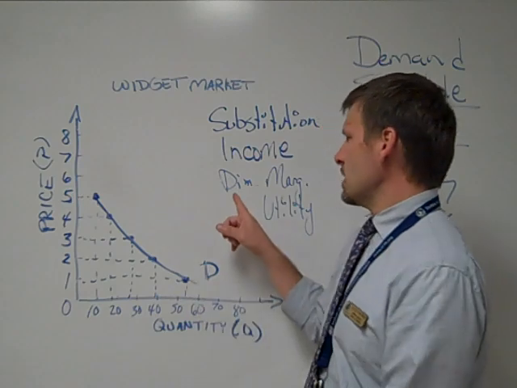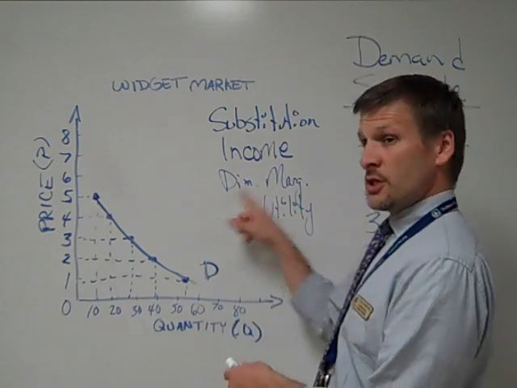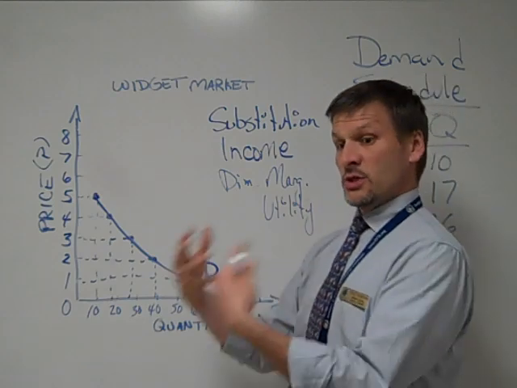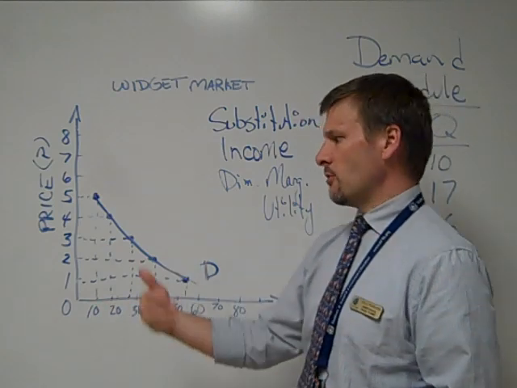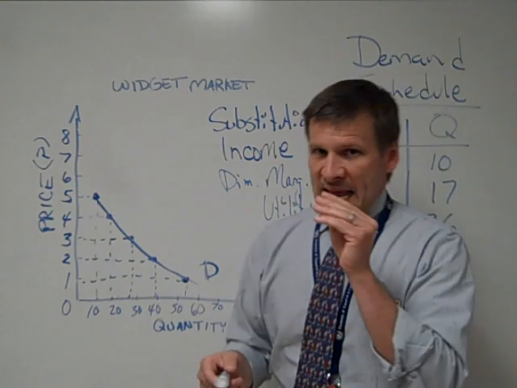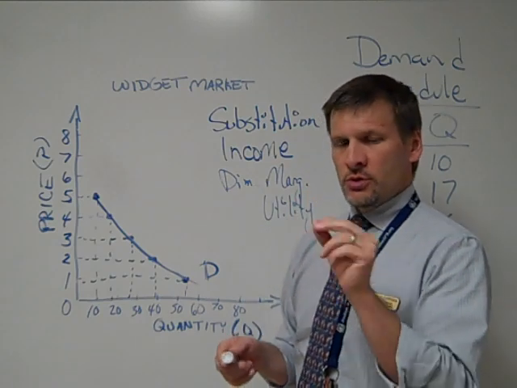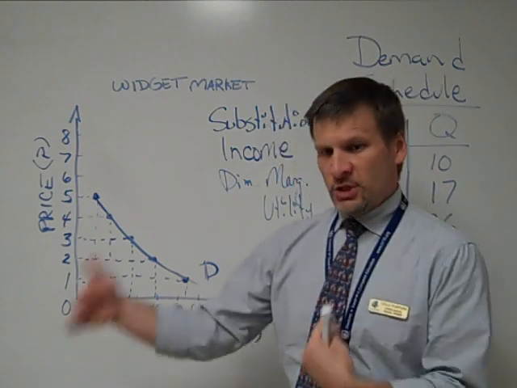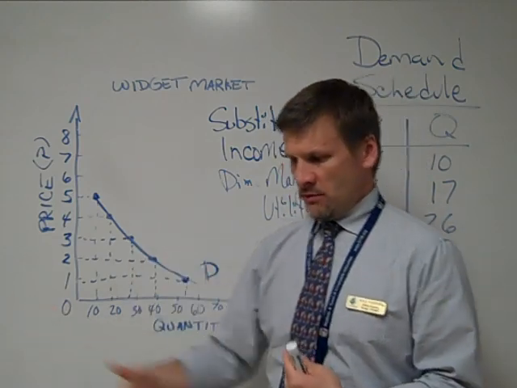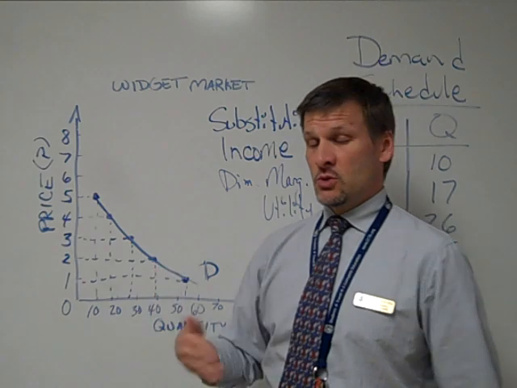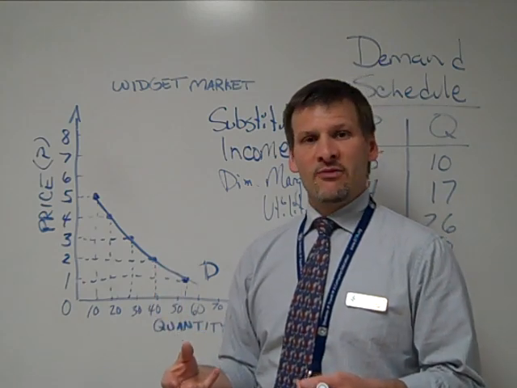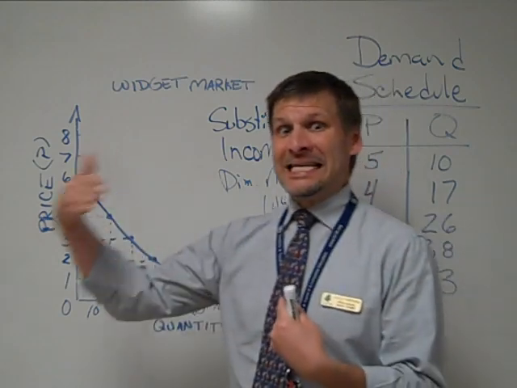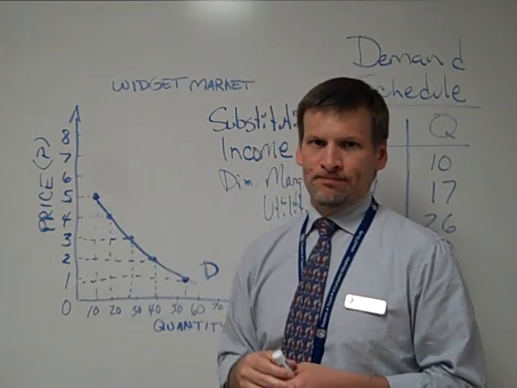Put that together: diminishing marginal utility means decreasing satisfaction from consuming one more of something. As I purchase one more, and one more, and one more, I derive less and less satisfaction from the additional consumption.